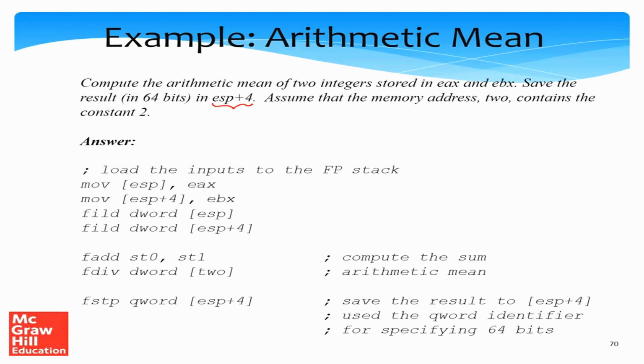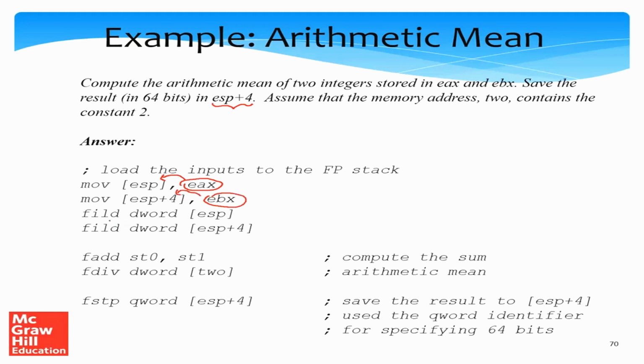So since EAX and EBX contain the two integers, we need to transfer them to memory first, because direct communication between integer and floating point registers is not there. So let's transfer them to memory. So let's assume that these two memory locations at ESP and ESP+4 are free.